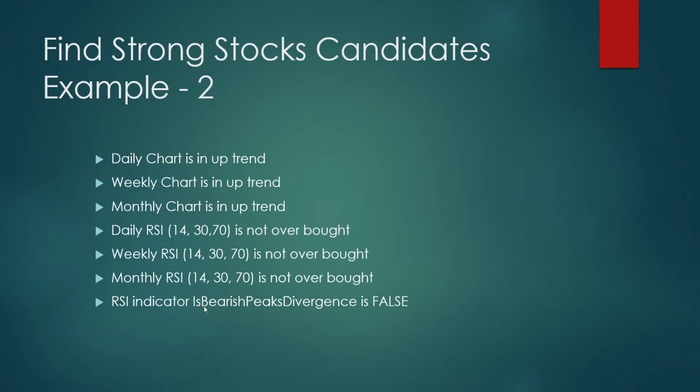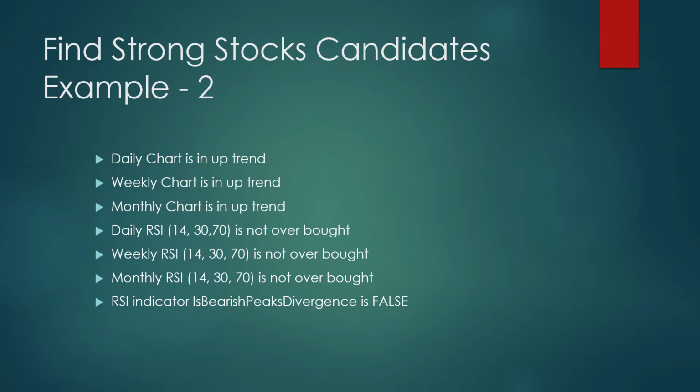If you don't understand what bearish peaks divergence is, please go back to our indicator playlist and look for the RSI video. We have a detailed video there that tells you what bearish peaks divergence means.